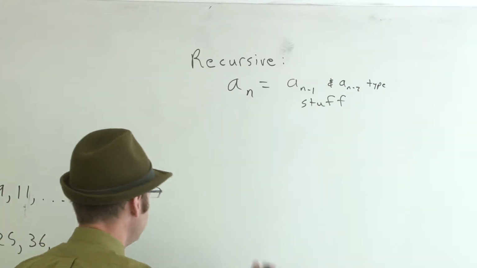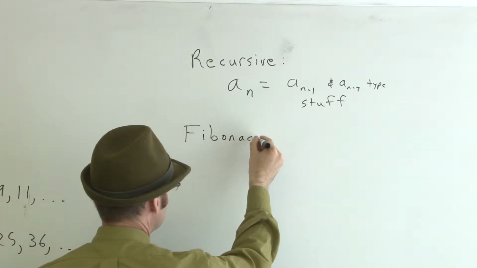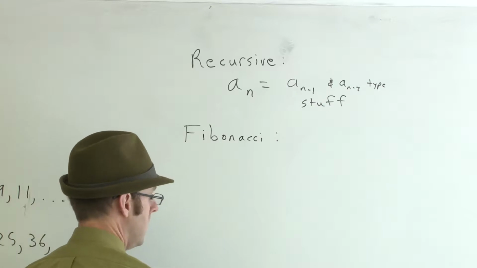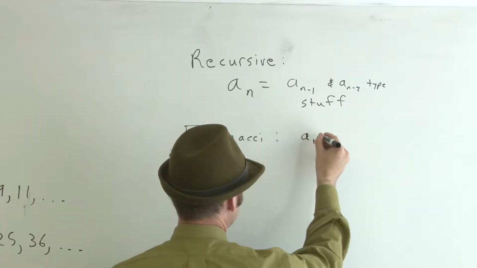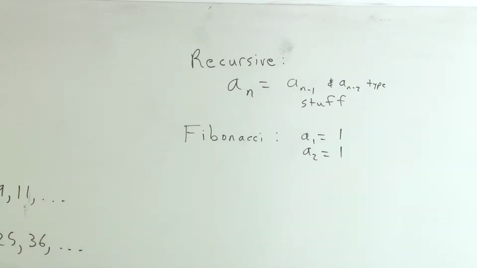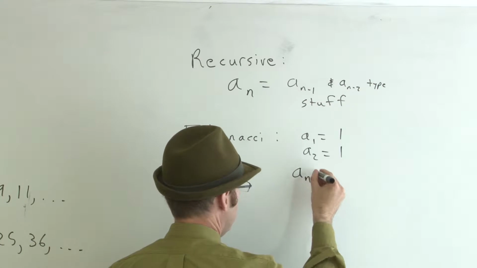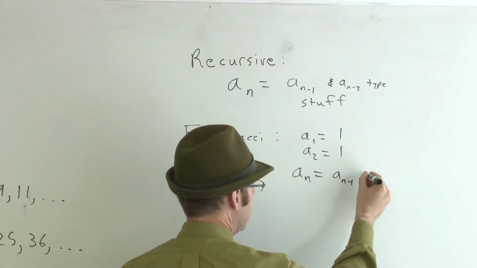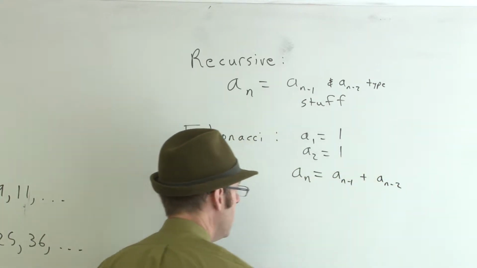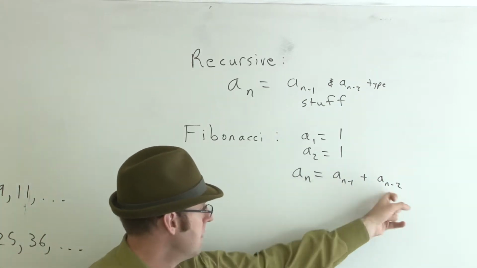So everything is defined recursively in terms of the earlier stuff in the sequence. The gold standard of these is, of course, the Fibonacci sequence, where you have to start with a couple of starter terms, and then you define the next term as the sum of the previous two.